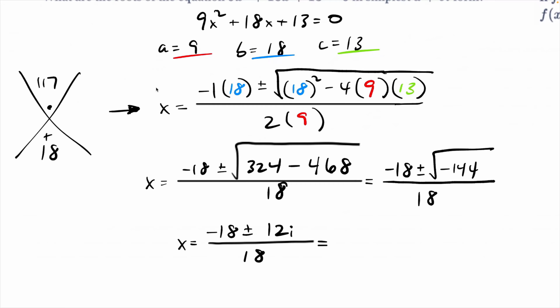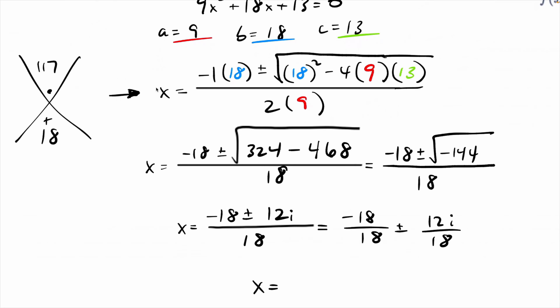Okay? All right, they're both divided by 18, so I'm going to divide this one by 18, and I'm going to divide this one by 18. Reduce if you can. Divide if you can. 18 goes into -18, -1. 18 doesn't go into 12.